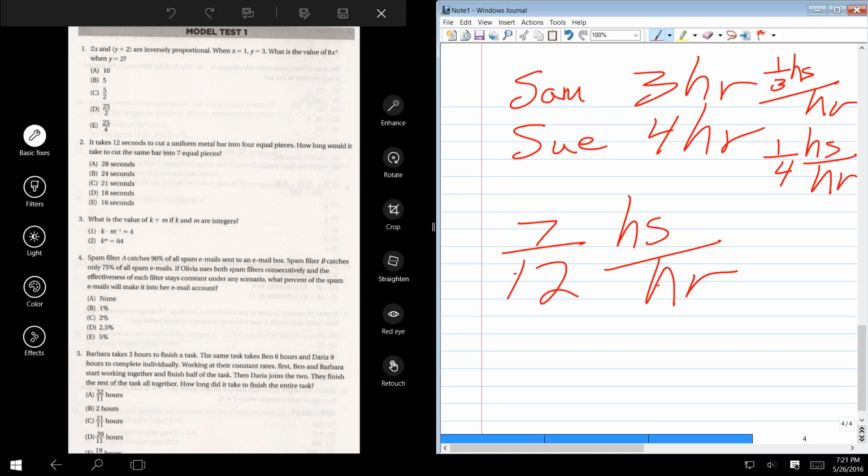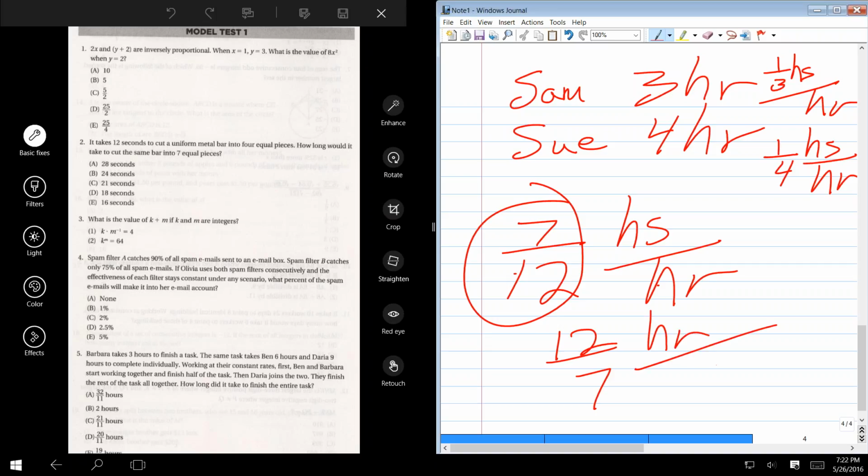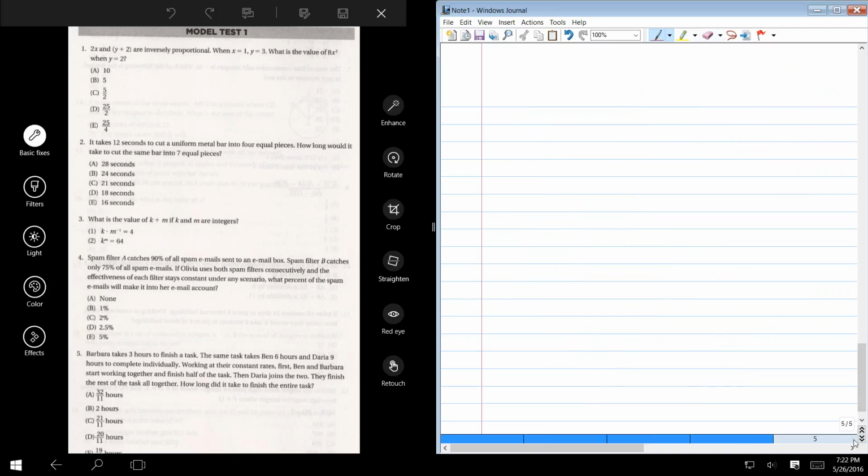And now to do the entire house, you just flip that. If you can do half the house in an hour, it's going to take you 2 hours to do the whole house. So if together they can do 7/12 of the house in 1 hour, then it's 12/7 hours to do the whole house.